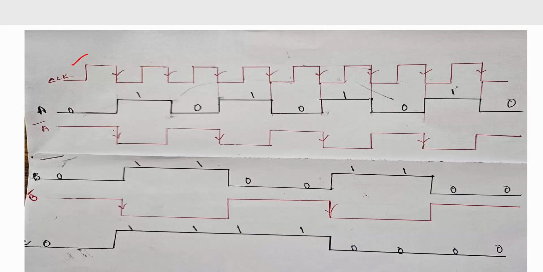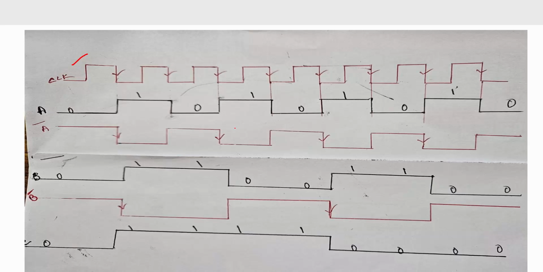A complement's negative edge is going to trigger the B flip-flop. So during the negative edge of A complement, B will toggle. Here it's toggled, again here it's toggled again. During the negative edge of your A complement, it will toggle again, like this.